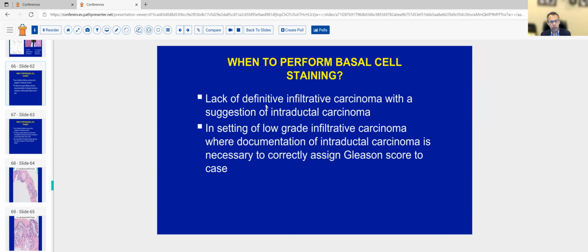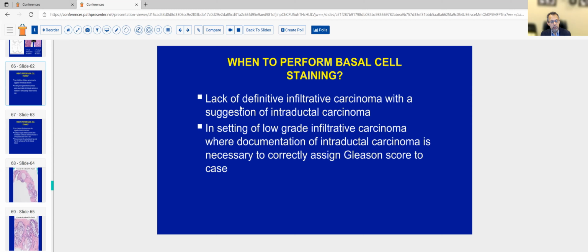So I think you would agree that, based on the data that I presented to you, in the vast number of situations the distinction between intraductal carcinoma versus invasive cribriform pattern 4 would essentially be an academic exercise, because both are similarly associated with poor prognosis.